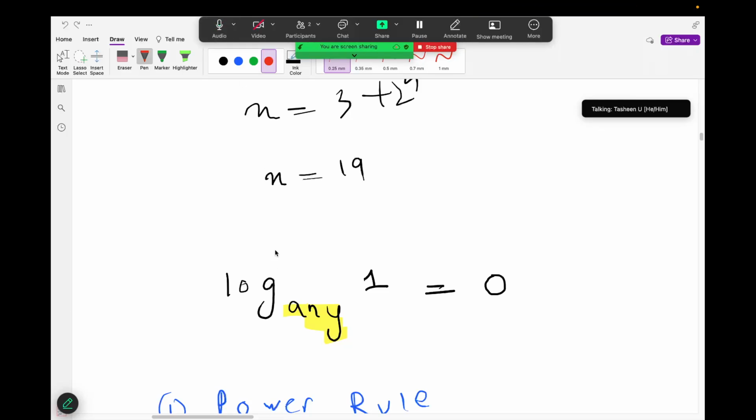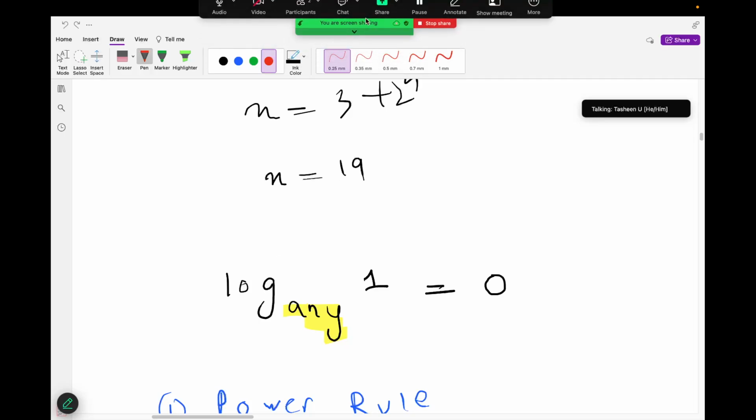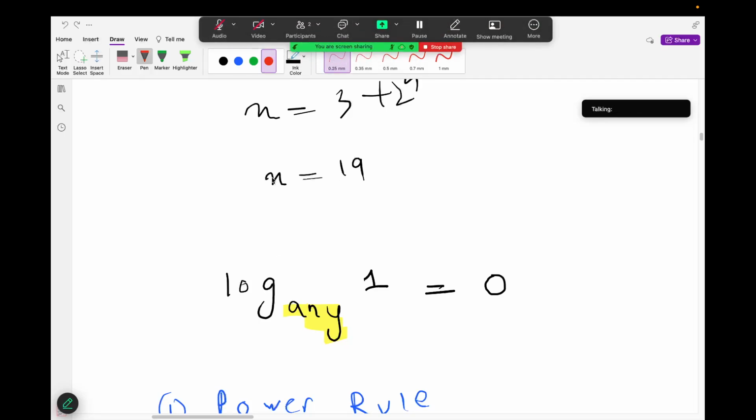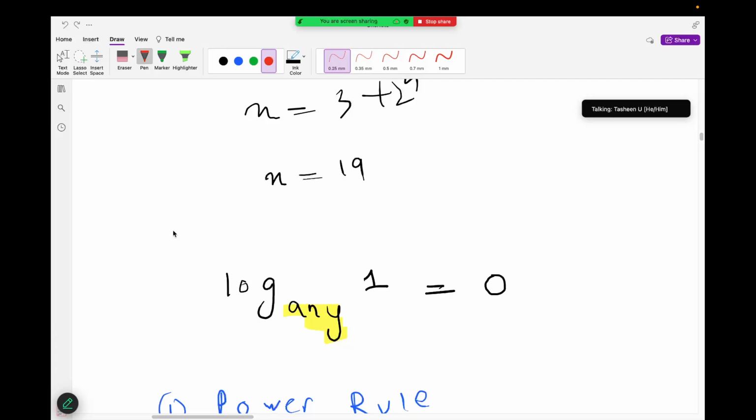You can try it in the calculator. Put log base anything, argument 1. If you have argument 1, regardless of whatever you put in your base, it would be 0. Log base 2, argument 1, 0. Log base 3, argument 1 equals 0.